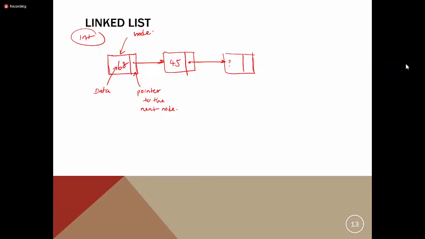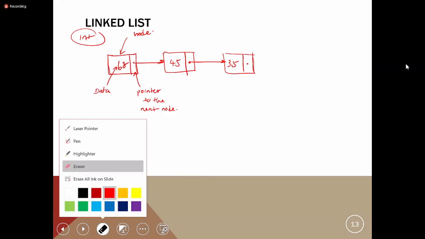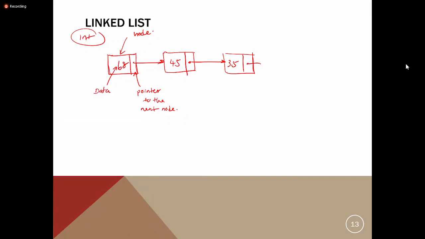This one also, we have an integer and a pointer to the next node. If that is the last node of the list, then the next pointer is null. And this is our list.